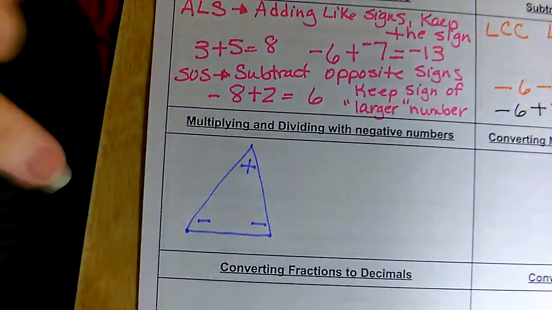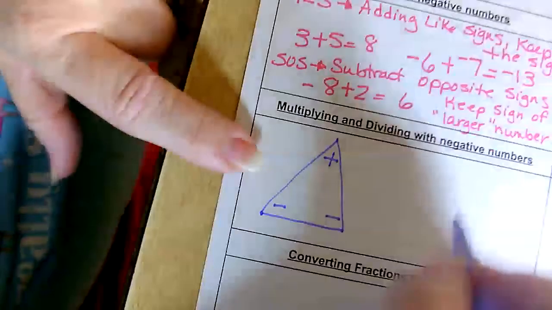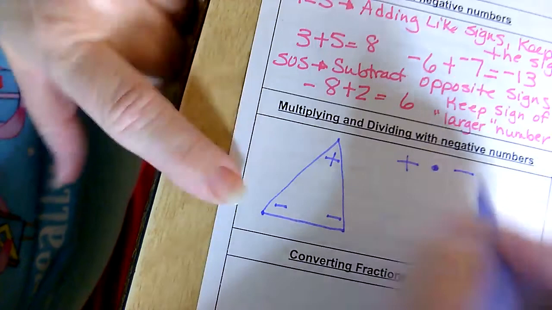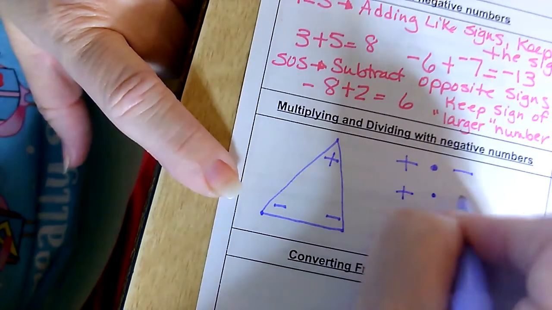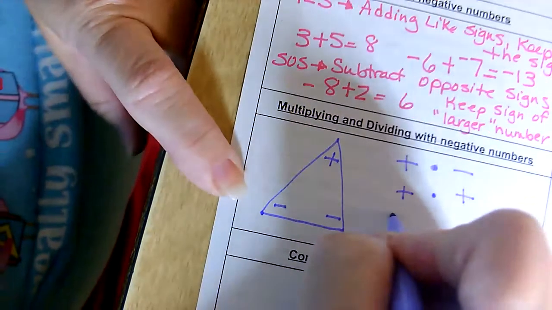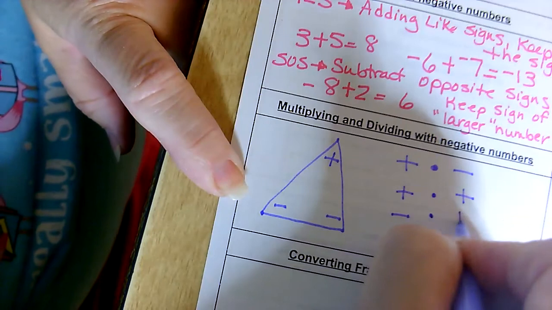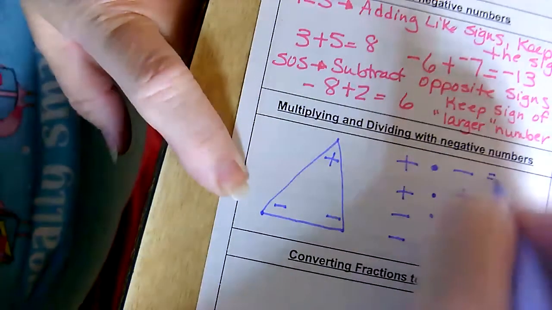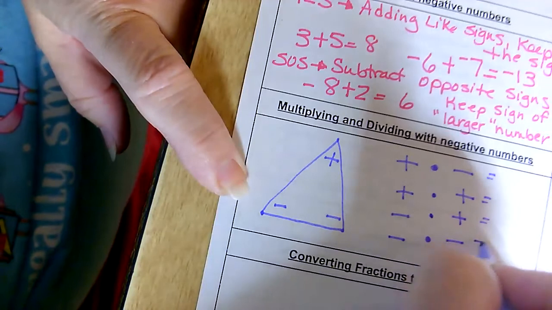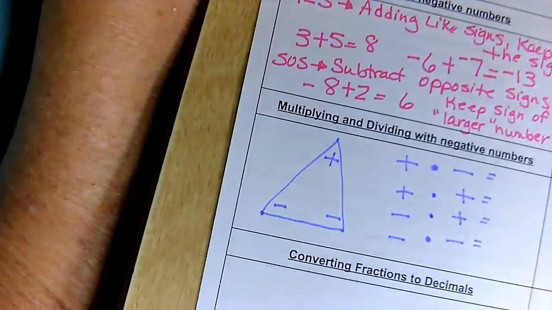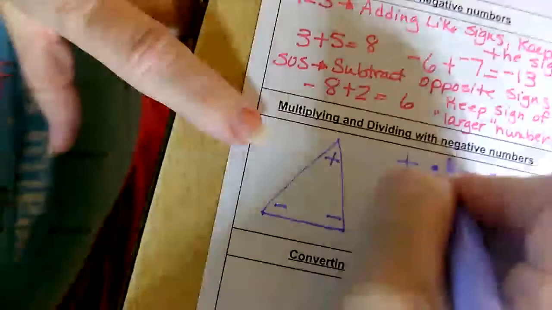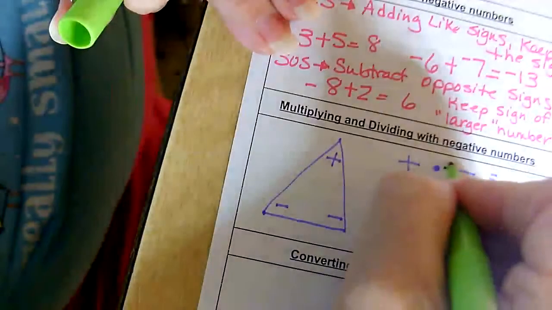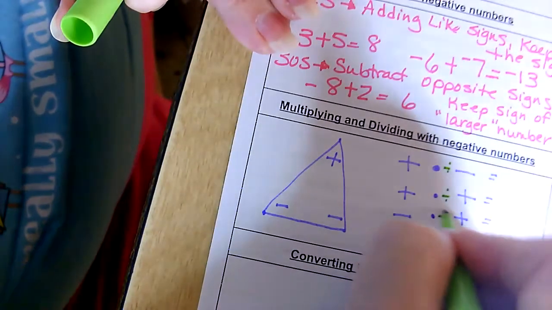So if you've got a positive times a negative, a positive times a positive, a negative times a positive, and then a negative times a negative, that's the four things for multiply and divide, whether it's multiply or divide. So it's going to be multiply or divide for each one.